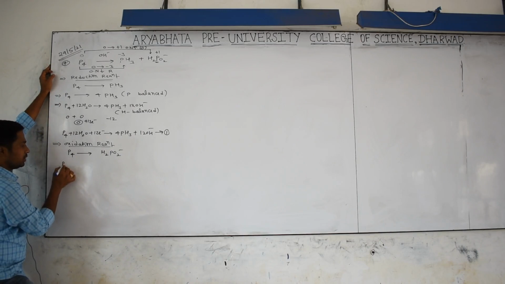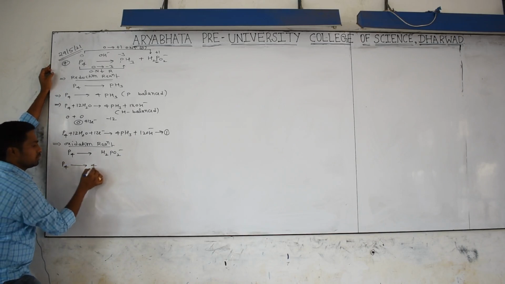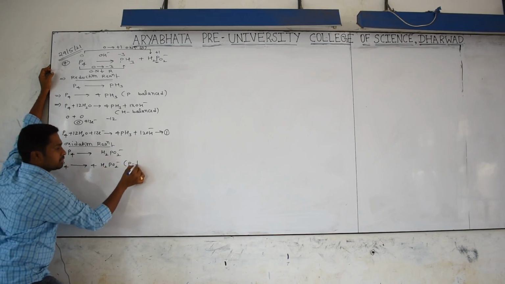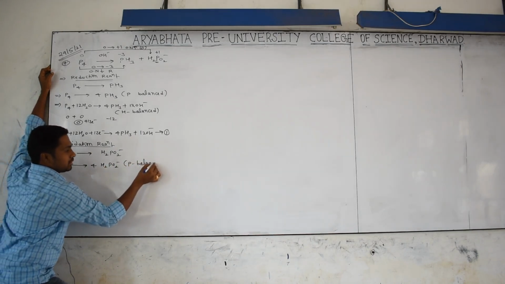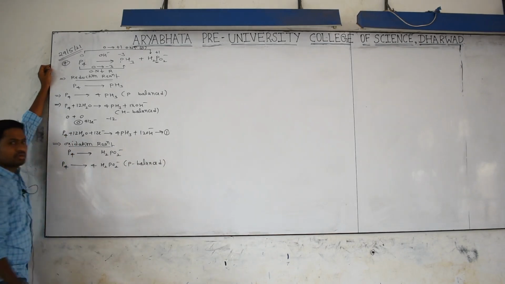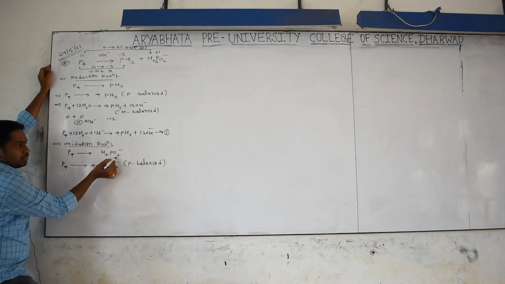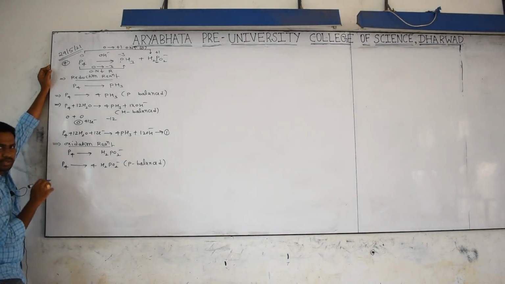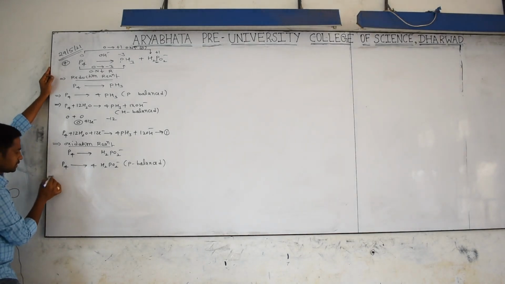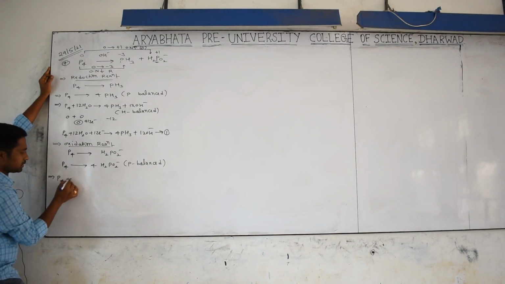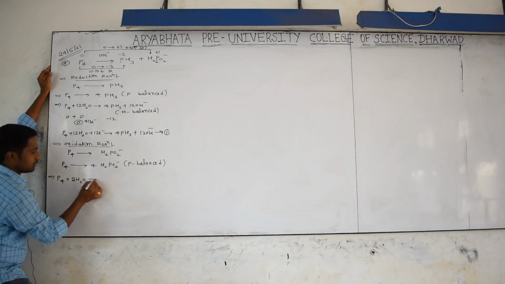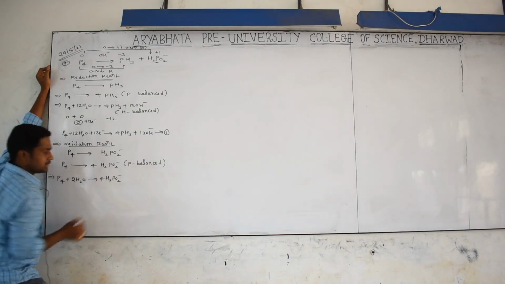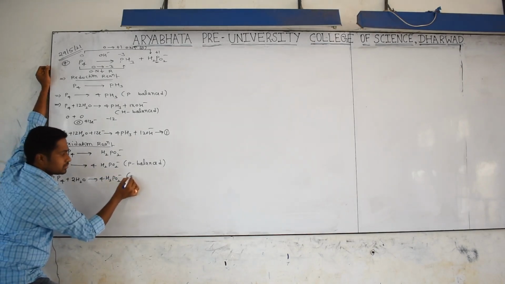That's why I write P4 gives rise to 4 H2PO2 minus, and phosphorus is balanced. Next step we have to balance the oxygens. On the left side how many oxygens are there? On the right side 8 oxygens are there. That's why we should add 8 oxygens on the left side. Write down the next step: P4 plus 8 H2O gives rise to 4 H2PO2 minus. So oxygen is balanced.